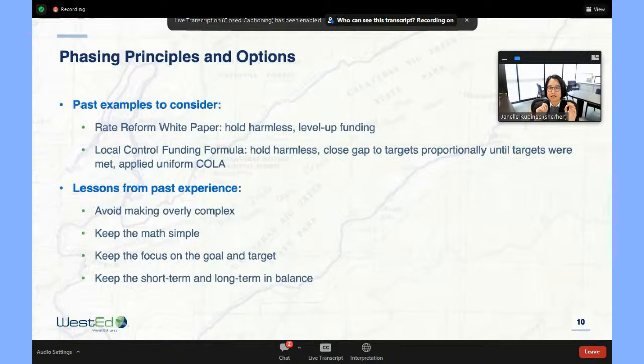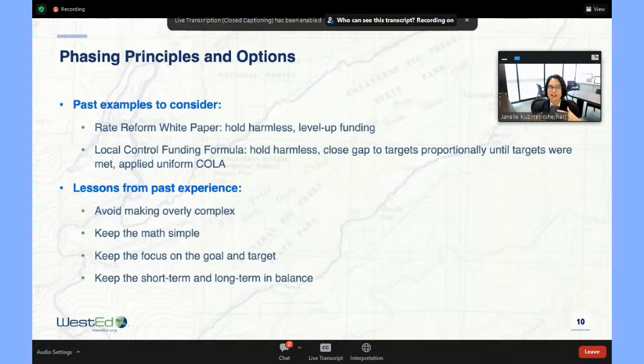And then what the state did in this case of leveling up is they said, we're going to close the gaps proportionally. So if the state was able to fund 20% of the gap in any given year, then any organization or agency's gap was closed by 20%. So it meant different dollars, but the same percent. And then moving towards a uniform COLA that is provided to the whole system.